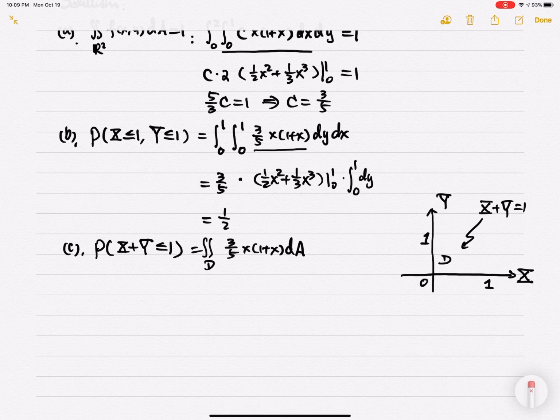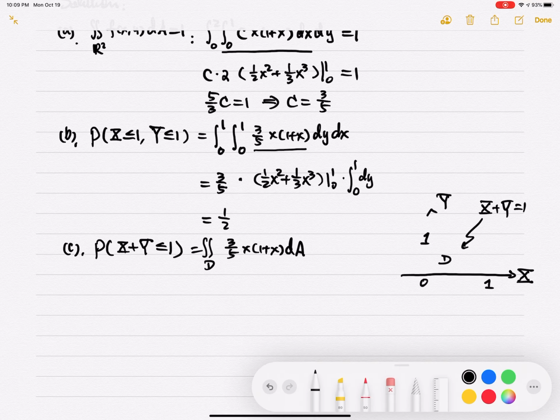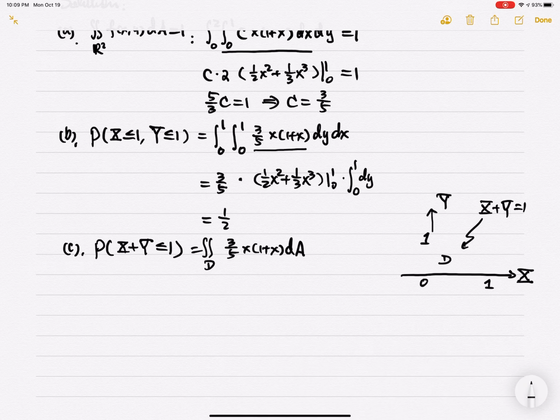So we need to describe this region. You can describe x first or describe y first.